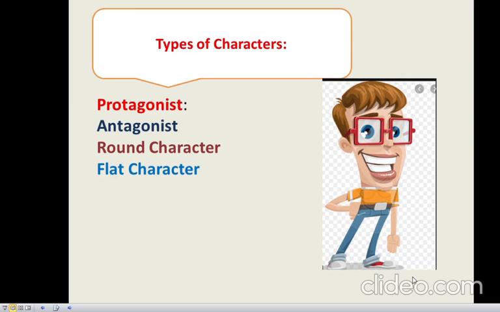So what is a protagonist? The main character who is trying to achieve a goal. An antagonist, the character who causes problems in the story. And we have the round character, a complex character, many-sided, a very realistic one. Flat character has only one trait, and there is no depth in such a character.